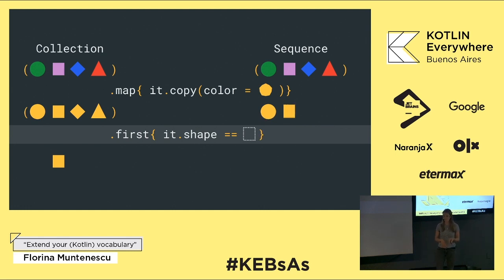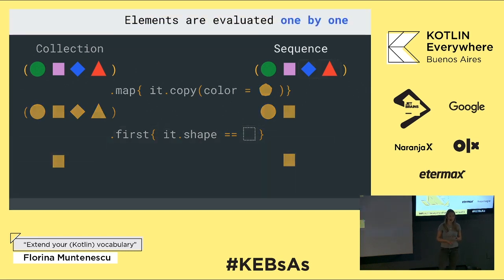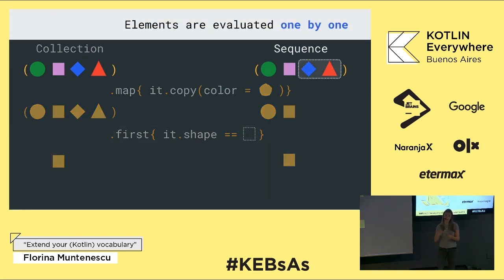It's not. Then the next shape is taken, it's made yellow because map is called. Is this the square we're looking for? Yes. And this is where everything ends. So this means that with sequences, elements are evaluated one by one. So those elements at the end, we didn't even get to them. So we were able to save that extra memory, extra performance.